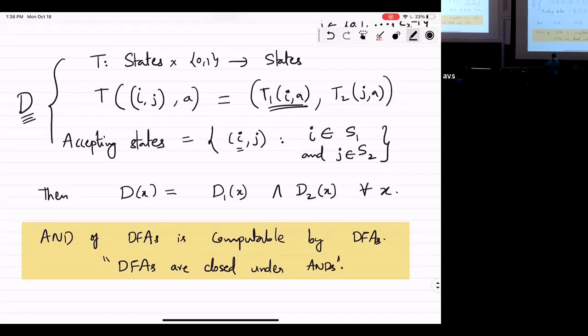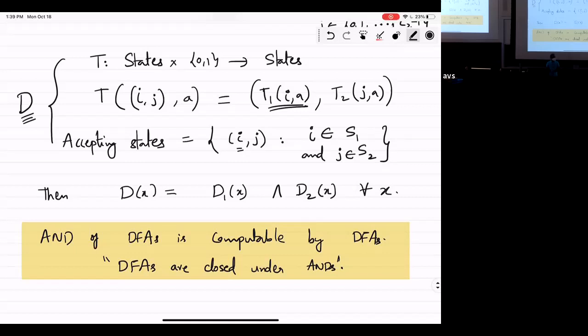It's really the same thing. Saying closed under ANDs means that, imagine you're looking at all functions that are computable by DFAs. If I take two of them and AND them, I'm still in the same class. Even if I AND, I'm always staying within the same class of things that are computable by DFAs.